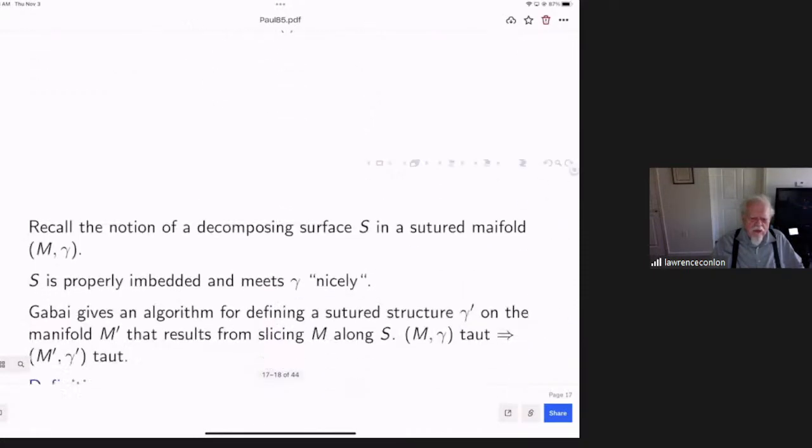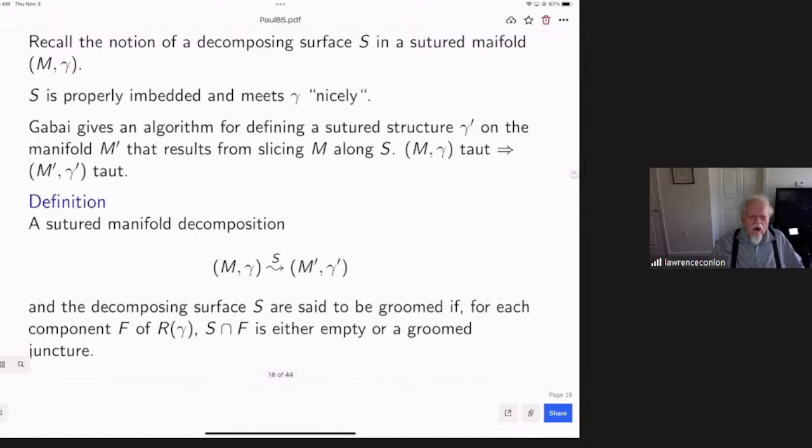Next slide. Now, recall the notion of a decomposing surface in a sutured manifold. I won't go through it again, but S is a properly embedded surface, and it meets the sutured structure nicely. And Rachel told us basically what that means.